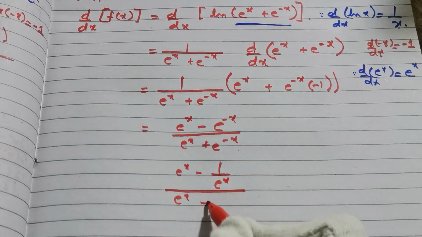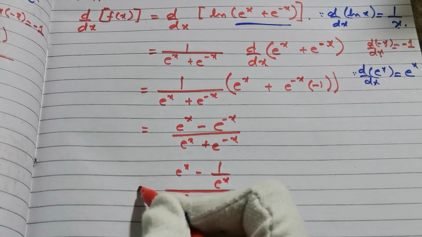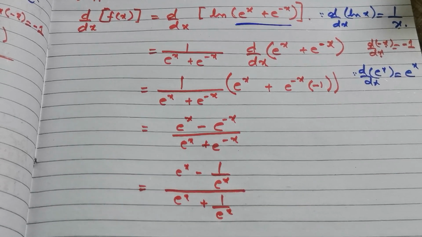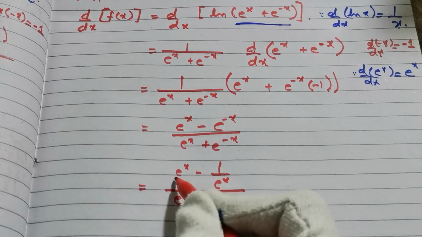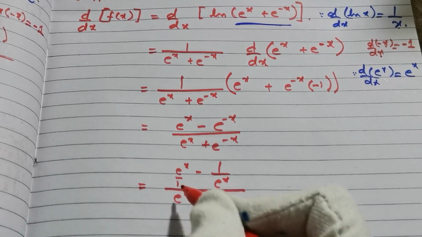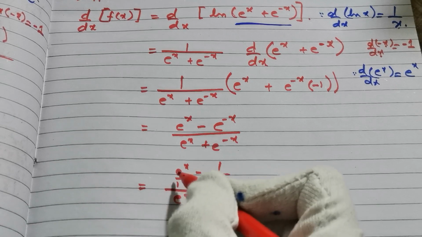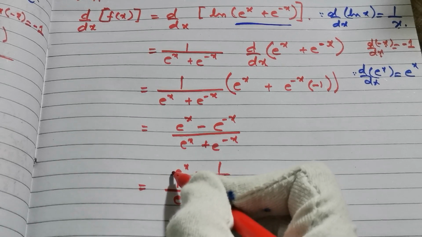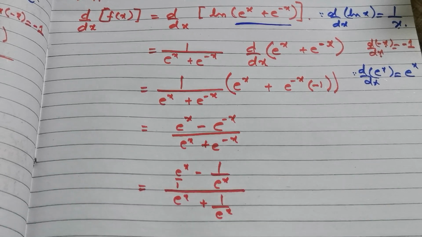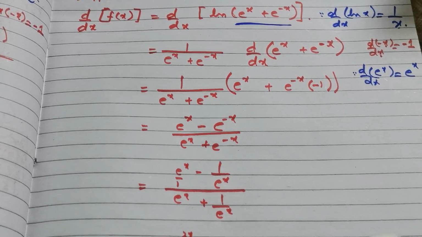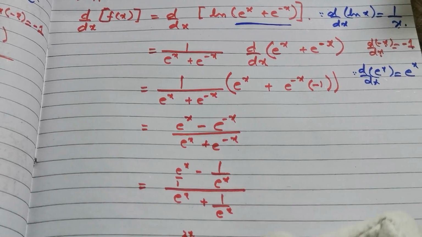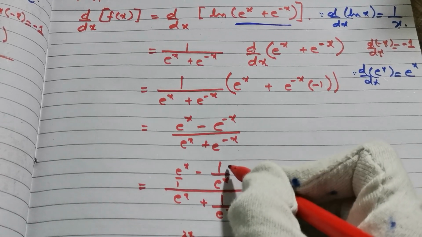Similarly, e^x plus 1 by e^(-x). Now we will take the LCM. e^x divided by 1, what do we get? e^x, and e^x multiplied by e^x becomes e^(2x), minus e^x divided by e^x is 1.